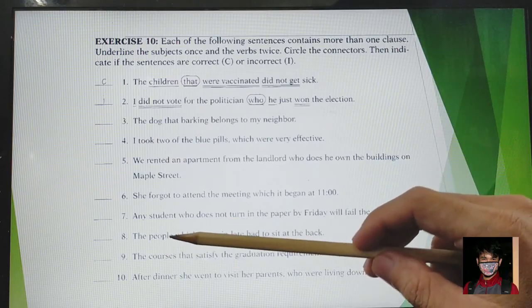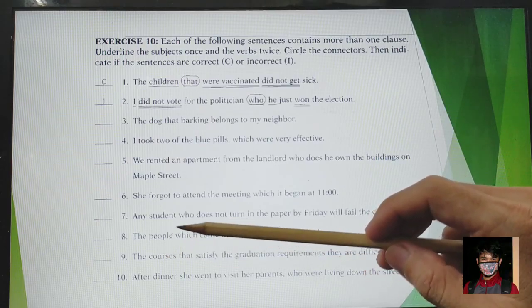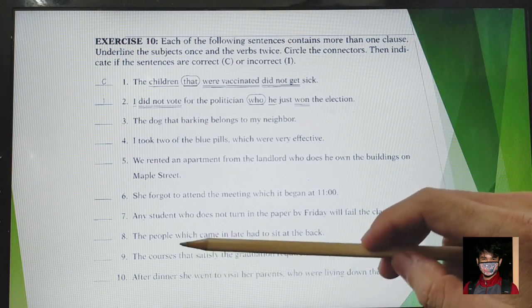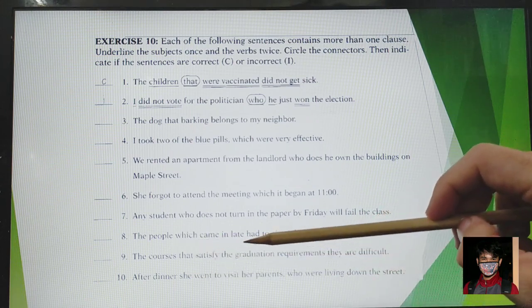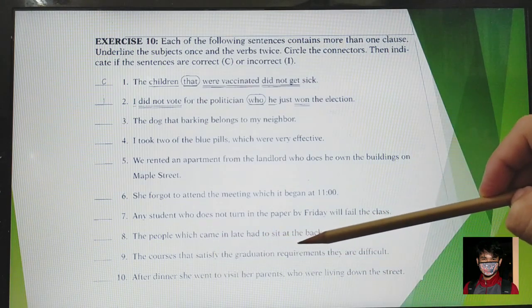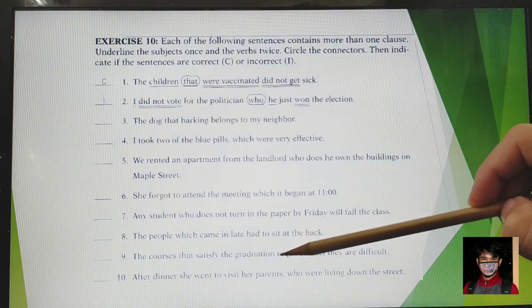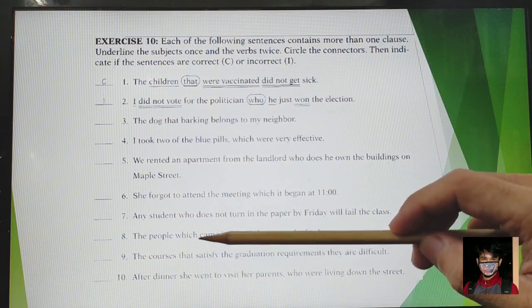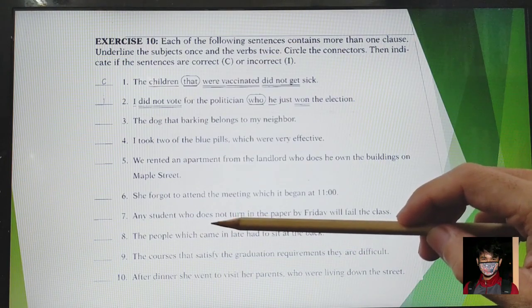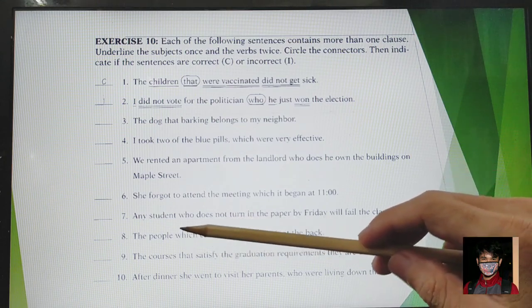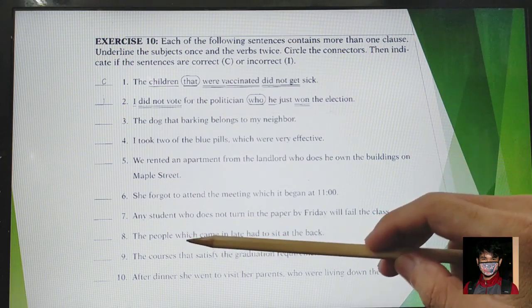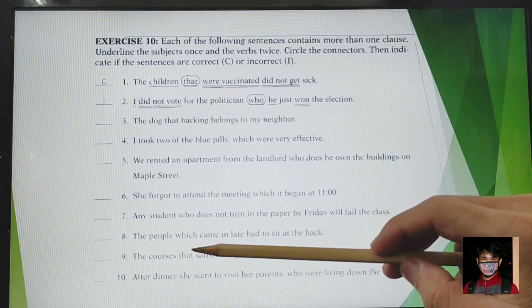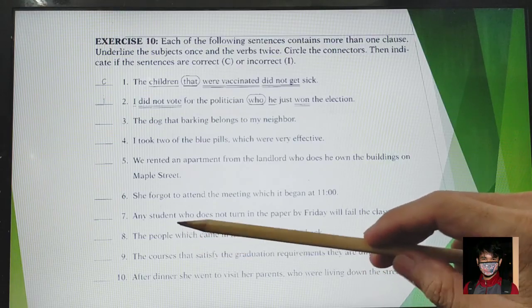Good. And what about number 8? For number 8 itself, we have people which came in late had to sit at the back. So, is it correct or incorrect? What do you say about this one? Which is a connector for things, but the problem is people.